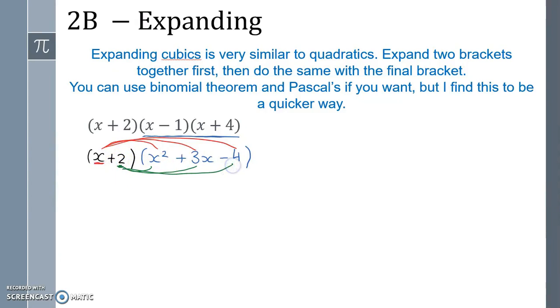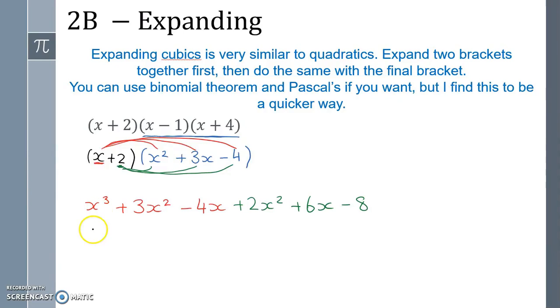For this one, I'm going to have 6 calculations total. So x times x squared is x cubed. 3x times x is 3x squared, minus 4x. And then 2 times x squared is plus 2x squared, 2 times 3x is plus 6x, and 2 times negative 4 is negative 8.